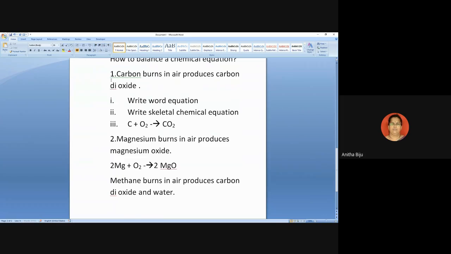I will tell you the formula of methane if you don't know. Write the formula CH4. I think you know the formula of water and carbon dioxide, correct? Water is H2O and carbon dioxide is CO2. Try to write.